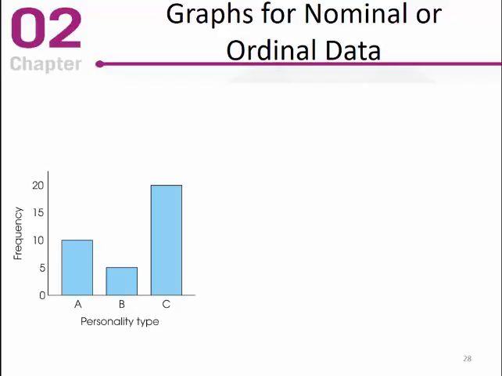This is a nominal variable. The graph is drawn with spaces between the bars, the bars not touching, right? That shows that it's a discrete category without a particular order, because you could have personality type B before A and C and so on. And you can see we have the characteristic, personality type, and the frequency on the y-axis.